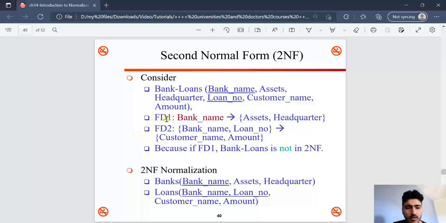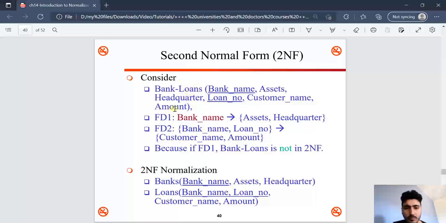FD1 tells us that bank name determines the assets and headquarter. This means that assets and headquarter depend on the bank name, which is a part of the primary key, which is the bank name and loan number. Then this is a partial dependency, and this relation is not in 2NF.